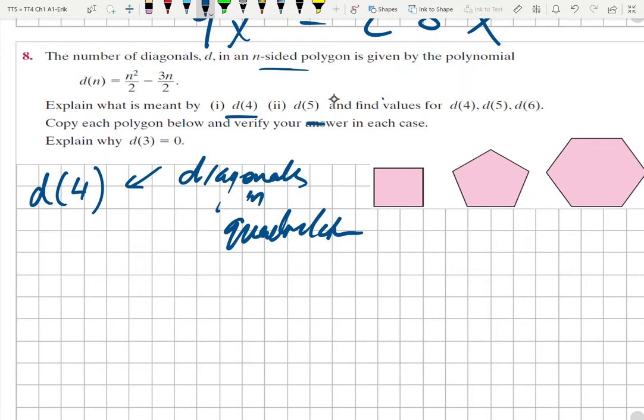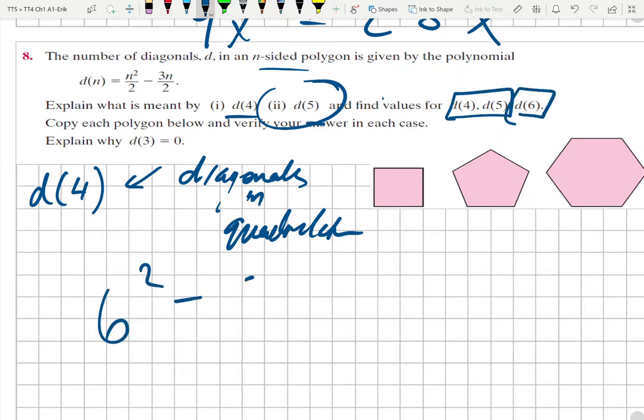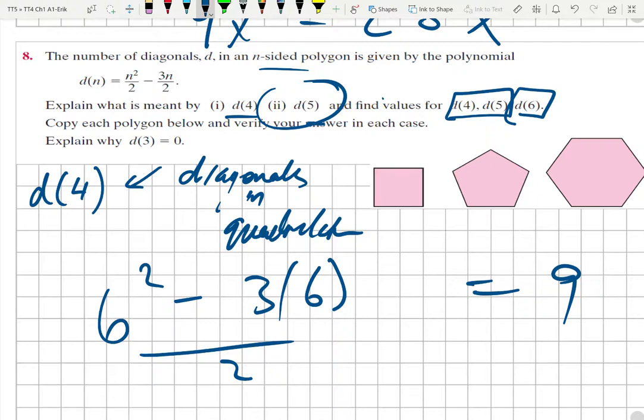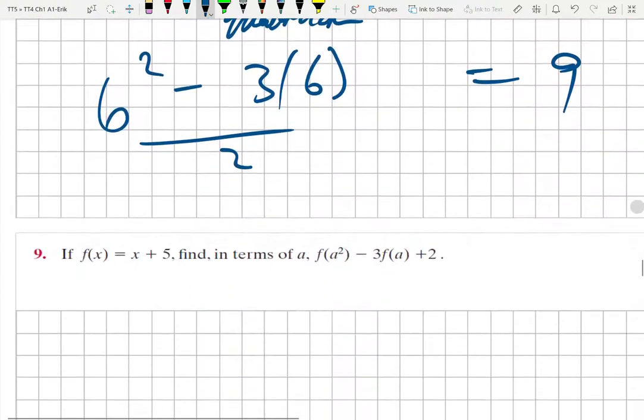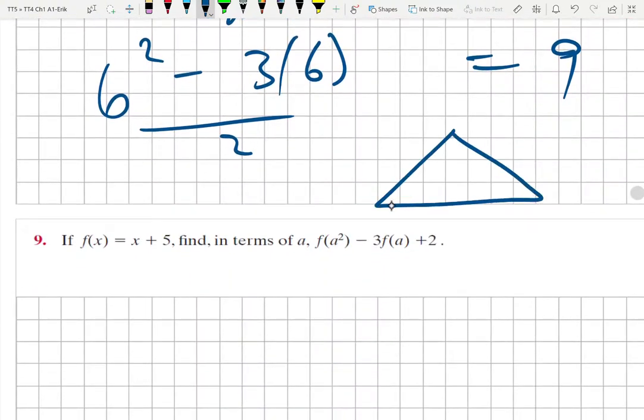The number of diagonals in a pentagon, and we've done those two already, so we're on to this one. So we're on to 6 squared minus 3 sixes over 2. 6 times 3 is 18, equals 9. Explain why D3 equals 0, because a triangle doesn't have any diagonals. You're not allowed to use the side itself. There's no opposite corner to this. There's only an opposite side.